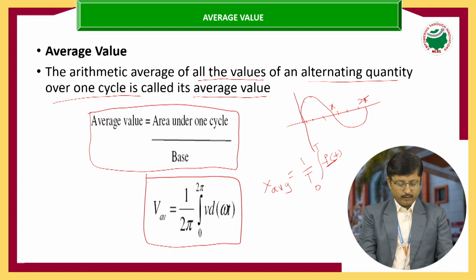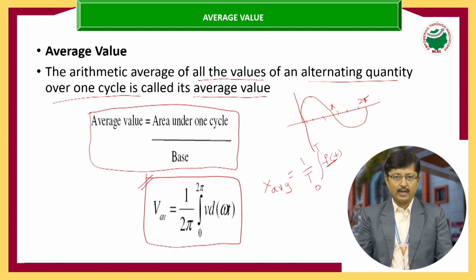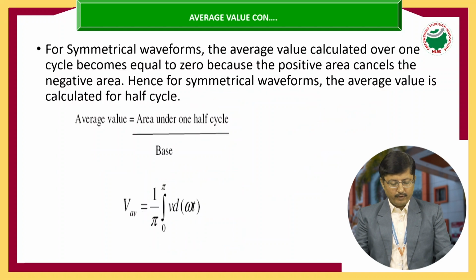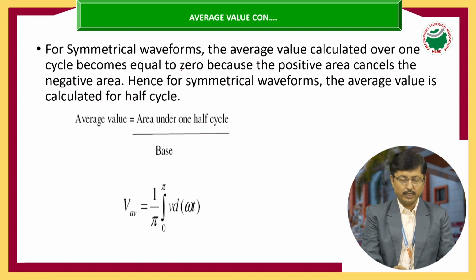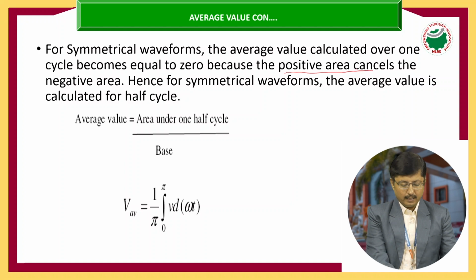So this expression we have seen for the average value is valid for all waveforms. For symmetrical waveforms, the average value calculated over one cycle becomes equal to 0. Why? Because the positive area cancels the negative area.